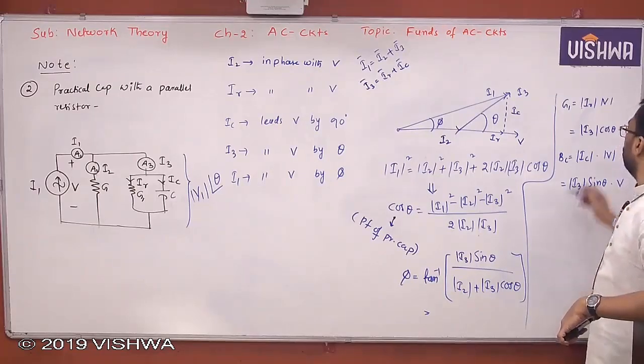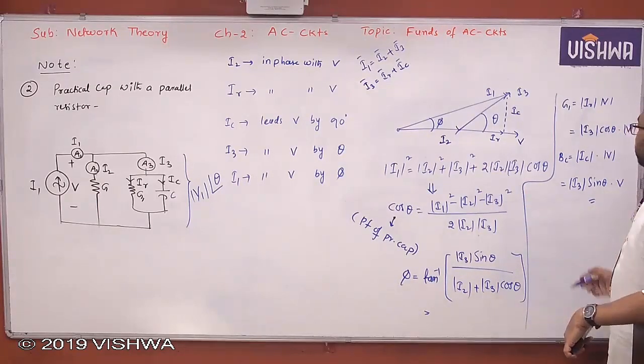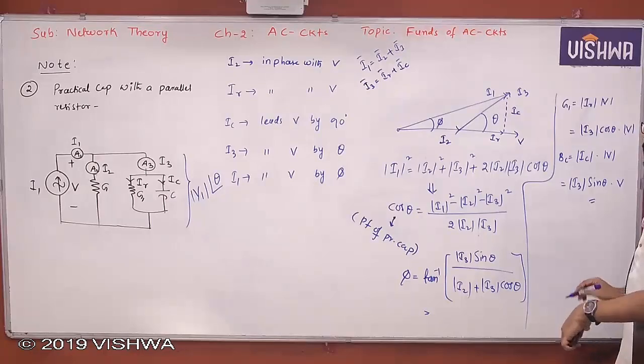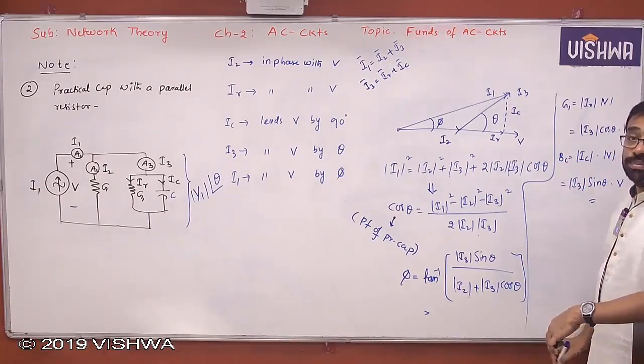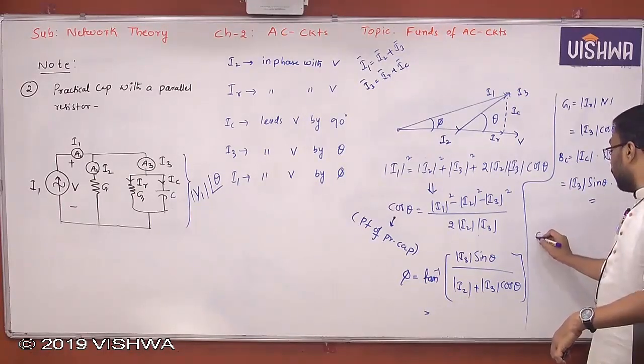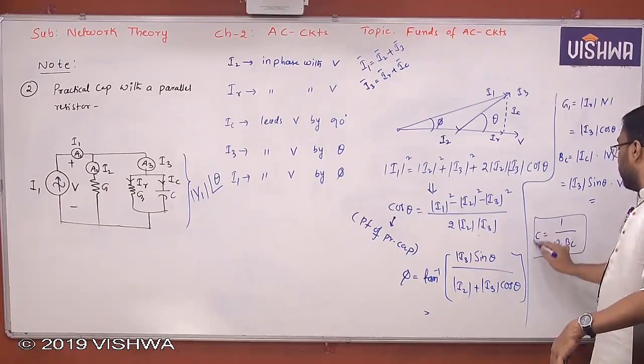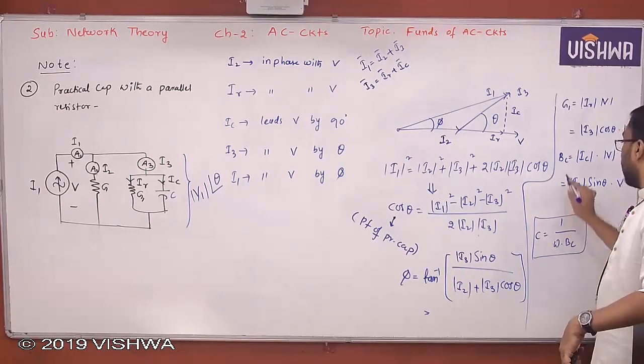So if I know all these ammeter and voltmeter readings, I can find G1 and also BC. Once I know BC, if I know the frequency of the supply, I can also find the capacitance value. The capacitance value you know very well: BC is 1 by omega C. But if you know BC and omega, only then is it possible to find C. I can find BC here, but I must be given omega. Clear?